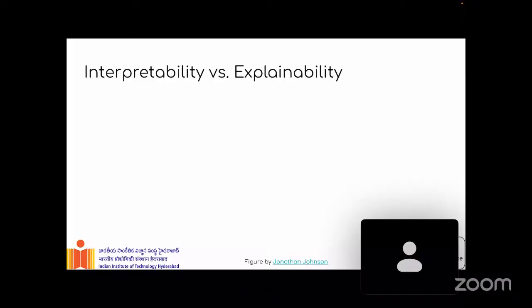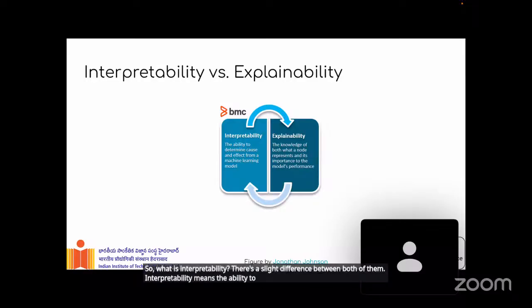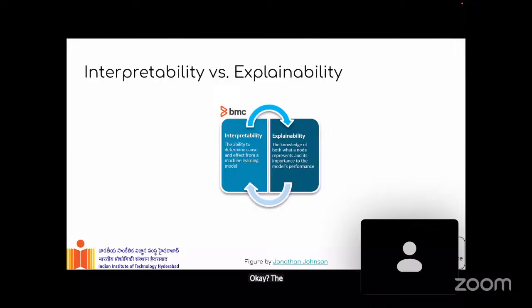So there is one subtle aspect. There is this word interpretability and explainability. So what is interpretability? There is a slight difference between both of them. Interpretability means the ability to determine the cause and effect from a machine learning model that you trained on your data. The key here is that cause and effect.